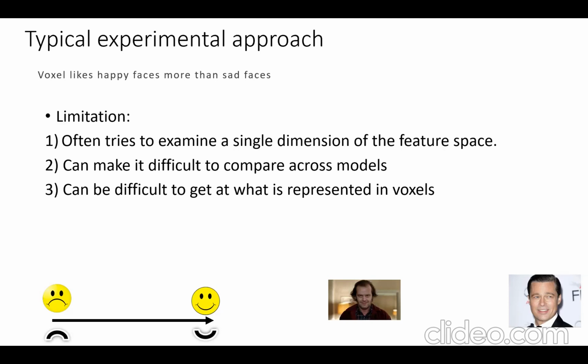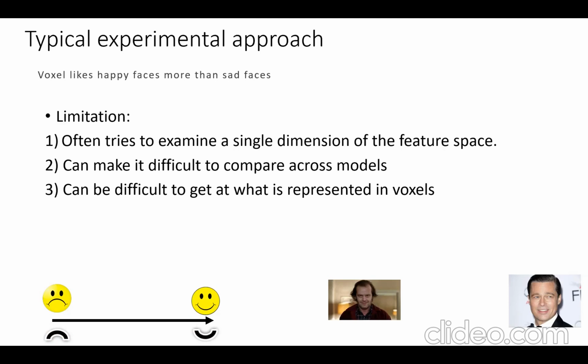Is it the case that it actually captures the emotional difference between happy and sad face that we normally think of in psychological research? Or is it the case that this is capturing something specific about the stimulus, such as this voxel really likes this type of shape, such as an inverted U, and this one really dislikes the inverted U compared to the normal U shape.